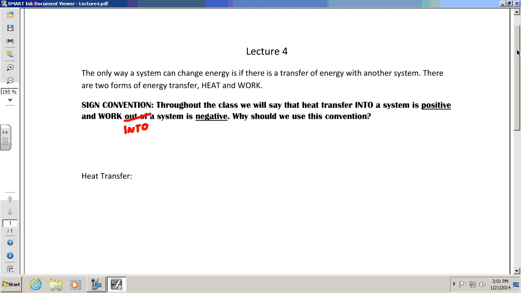Now you might ask yourself, why do we have that sign convention? Why don't we say both of them in are positive and both of them out are negative or something like that? Why do we have this thing where the sign convention for heat and work is different? Okay, here's why. Generally, my biggest goal in thermodynamics is this. I want to take heat into my system and I want to make work.